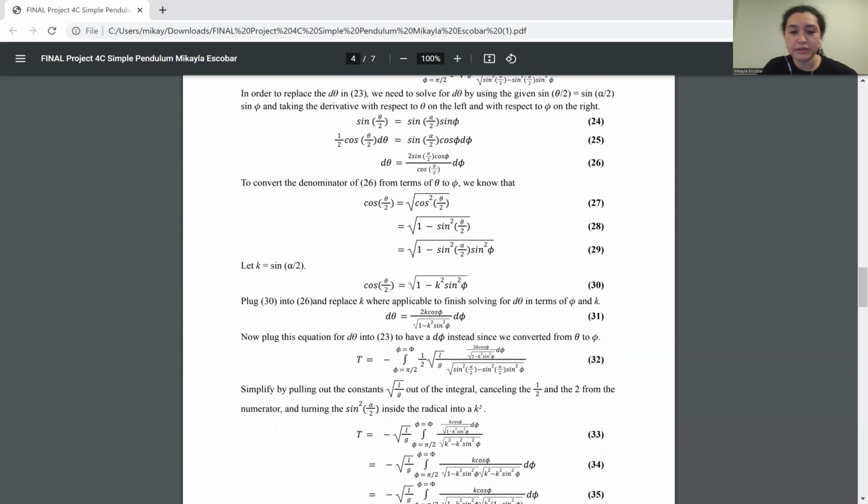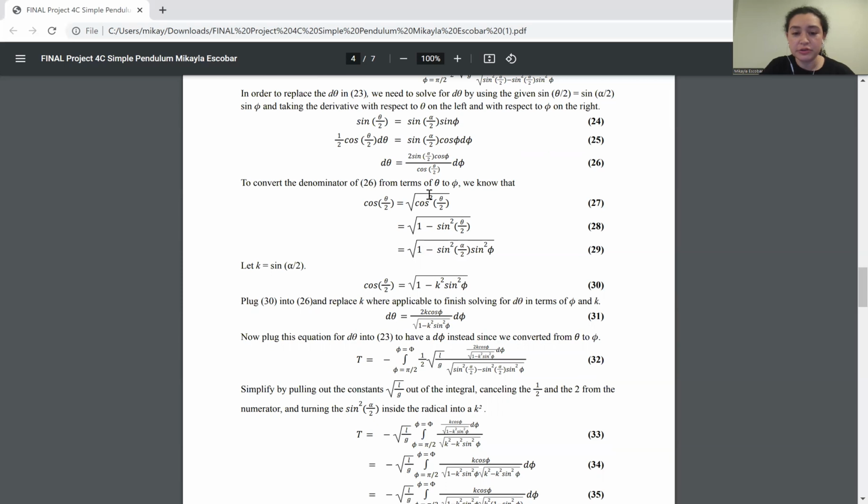Now, we're trying to solve for this just to be in terms of phi, and here in the denominator we have a theta. We need to get rid of this theta, so we can easily do that by the identity here. So cosine of theta over 2, that's just the square root of cosine squared of theta over 2, because the square root and the square will cancel out.